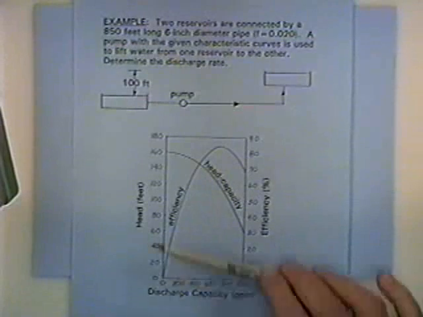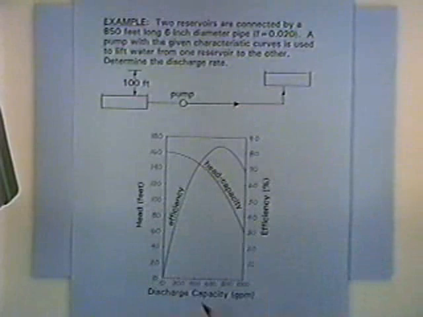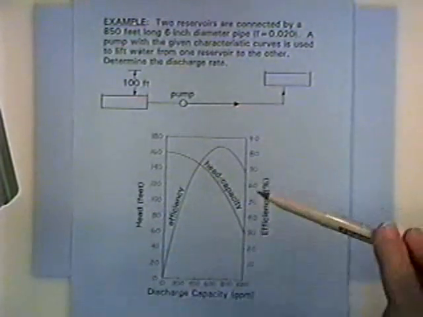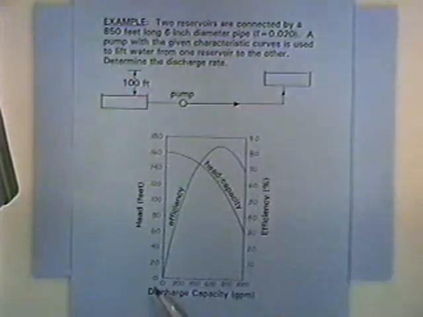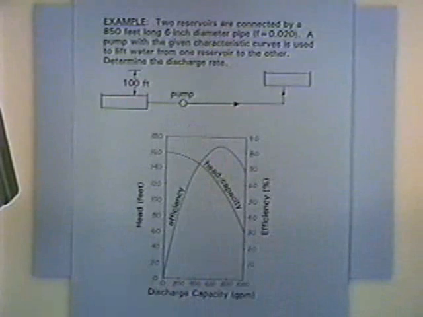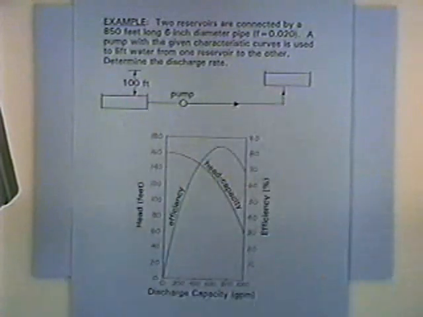What we have plotted here is head versus capacity, a head capacity curve, and then efficiency, which is the efficiency in the power equation we looked at a few minutes ago, versus discharge to get the efficiency curve. The question in the problem is, for that particular pump, characterized by that particular head capacity curve, how much water is being pumped from the lower to the upper reservoir?